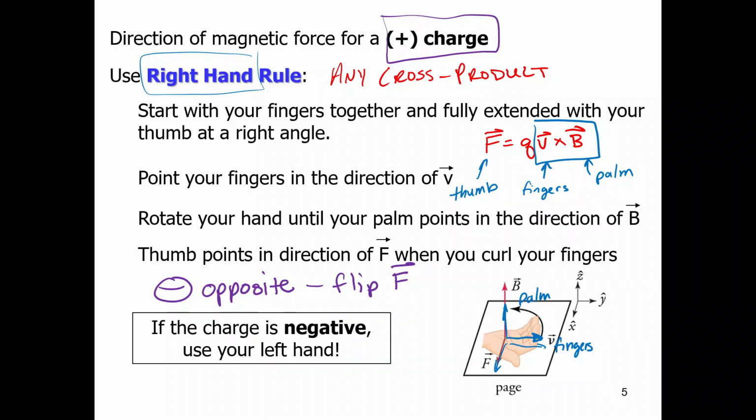If this was a negatively charged particle that was moving, F would point towards the top of the page. Or you just use your left hand. If it's a negative charge, you use your left hand, and that will have the same result of flipping your force in the opposite direction. So please watch my video that actually has the hand rule examples where you can see my hand. That will help.